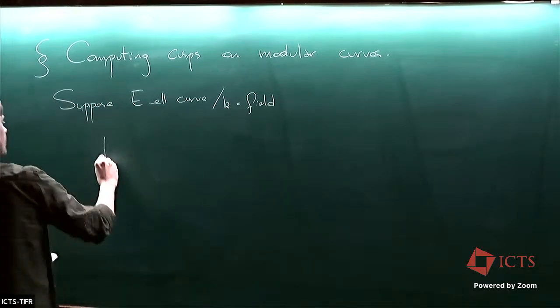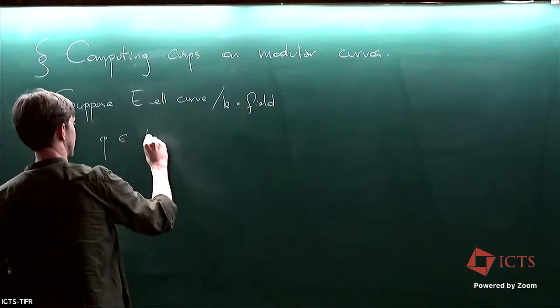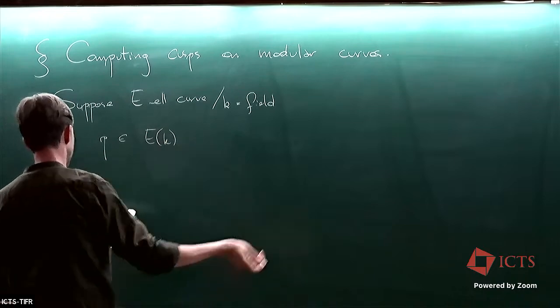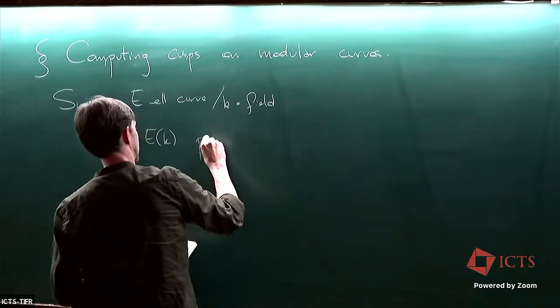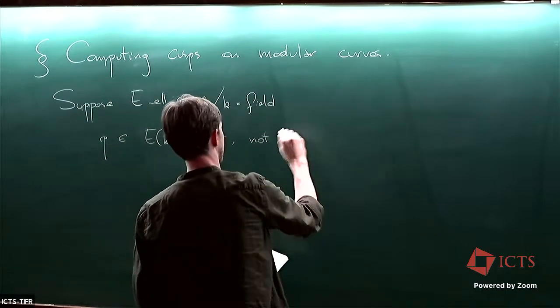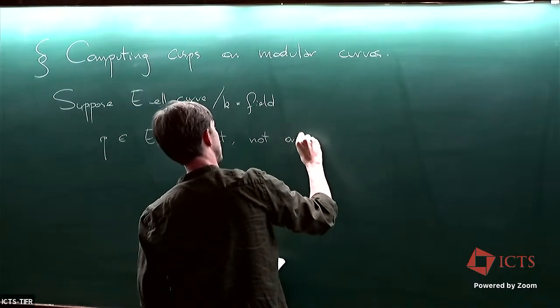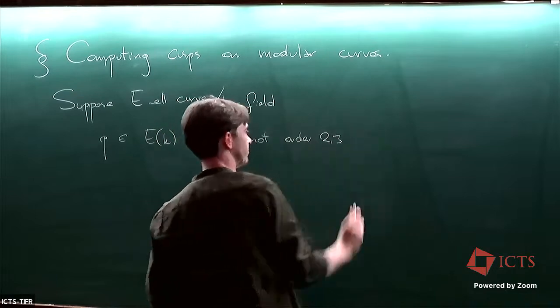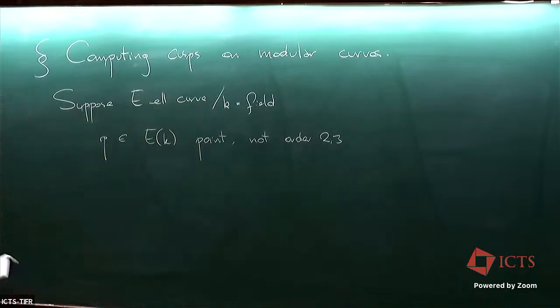And let's pick a point P, and let's assume that P is not of order 2 or 3. In fact, we'll want it to be of order 5 in today's example.